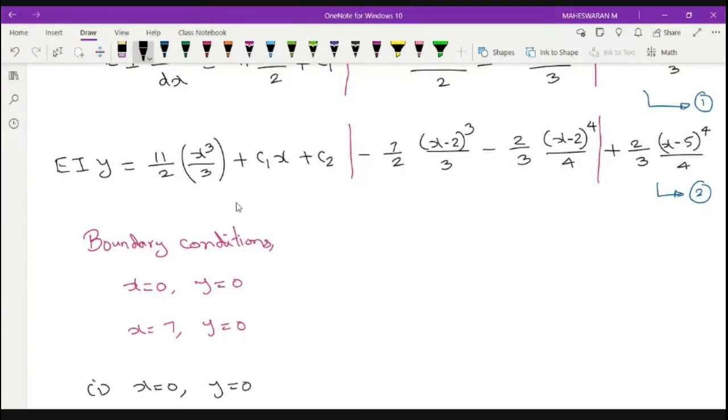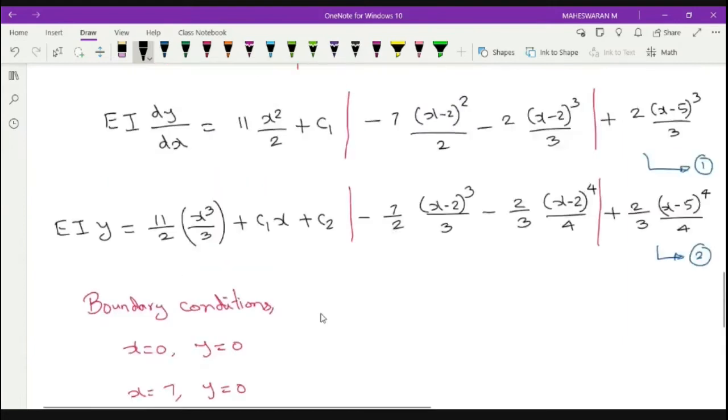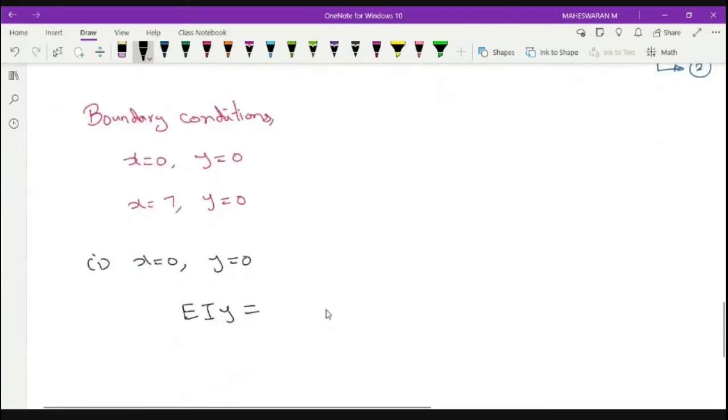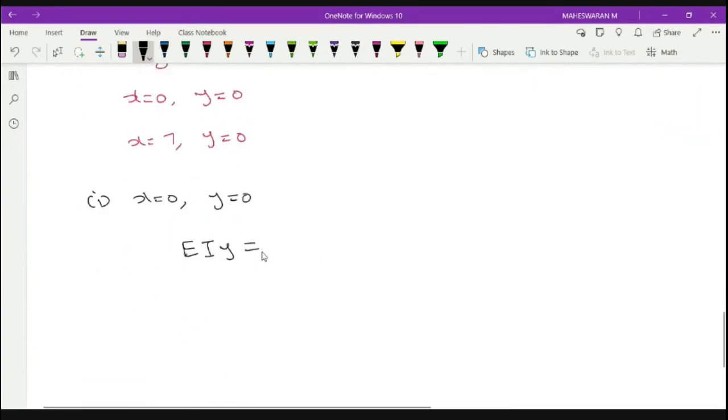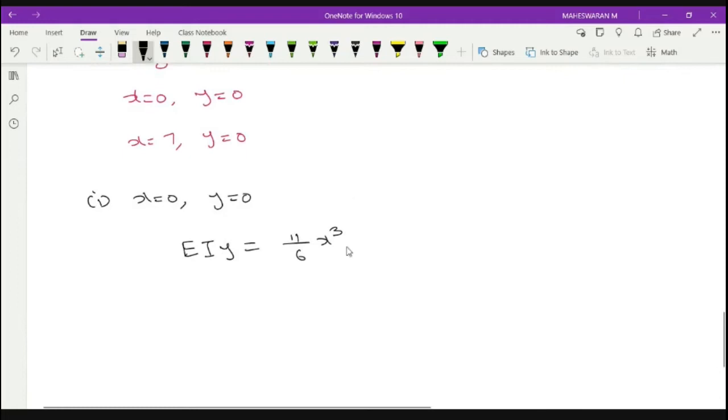So my equation here is EIy is equal to 11 by 6 x cube plus C1x plus C2.